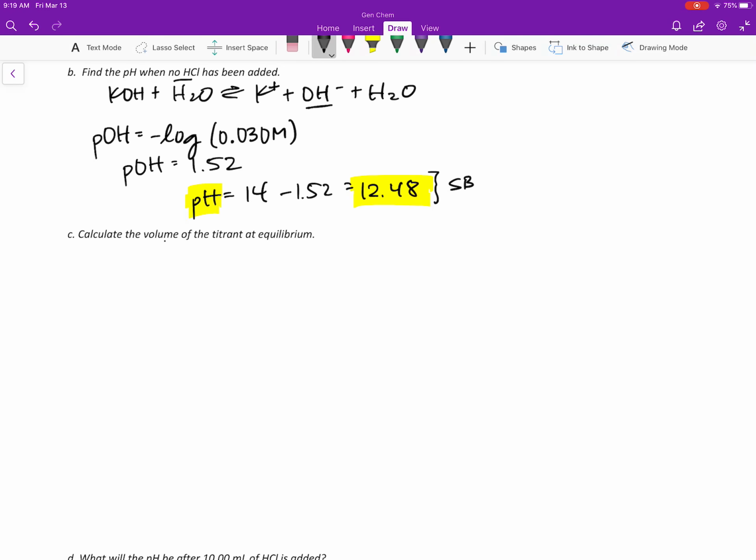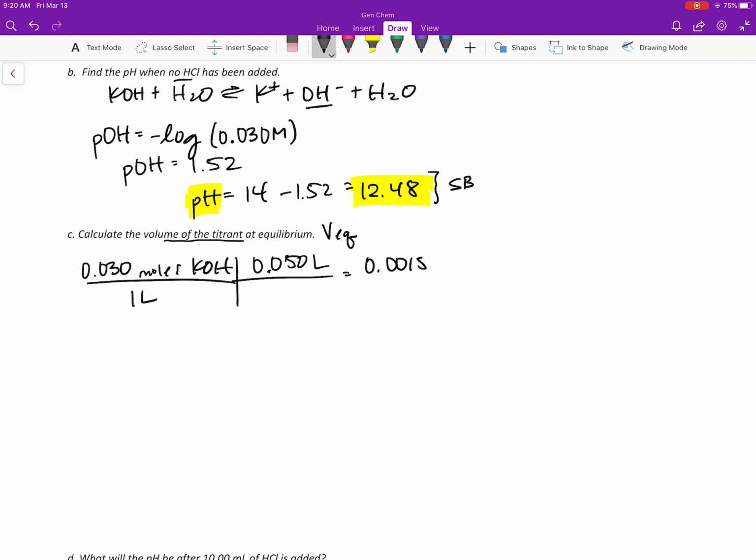Now this says calculate the volume of titrant at equivalence. So what we're looking for is VEQ. Okay. So in this case, I can consider mole-to-mole ratio. The first thing I need to do is determine how many moles of KOH I have by using the molarity and the volume, which is 50 milliliters, which becomes 0.05 liters.